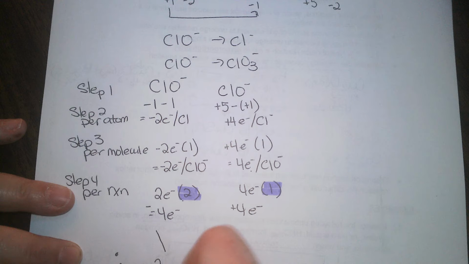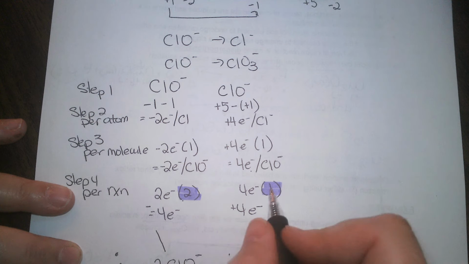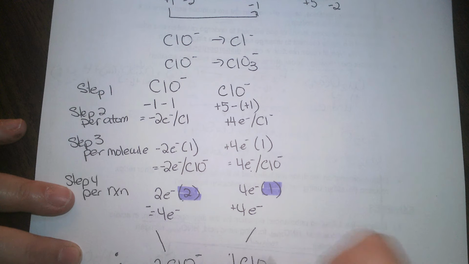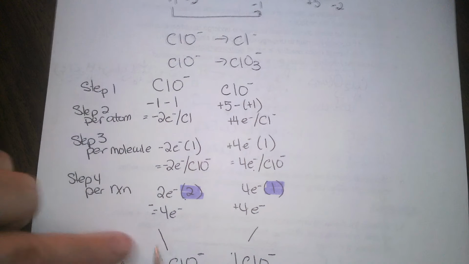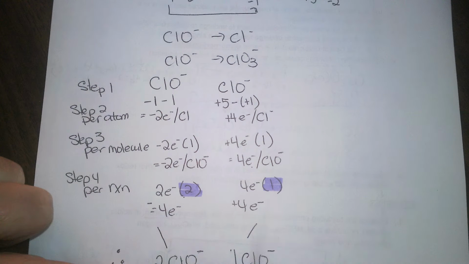This is 2 ClO minuses, and this is 1 ClO minus, which gives me a total of 3 ClO minuses, right? 2, and 1.